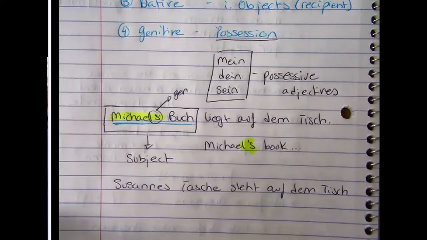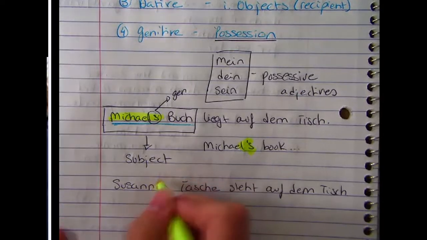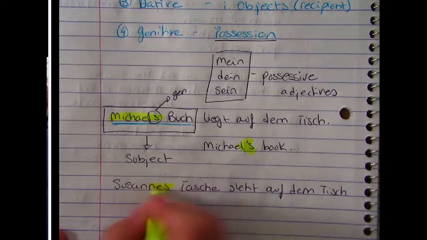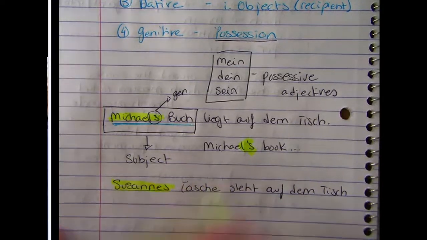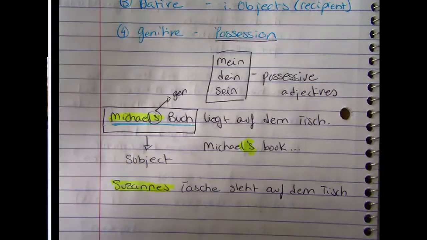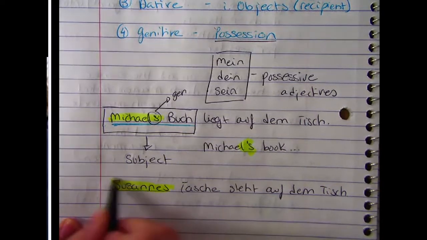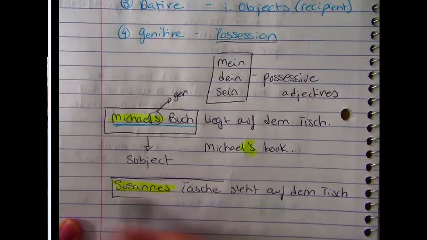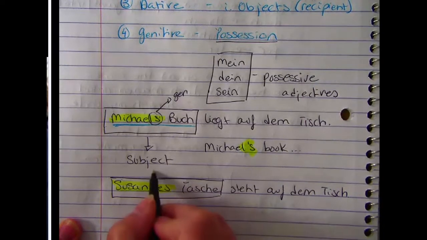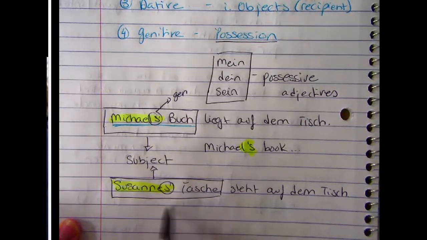So, same thing, I've got a first name, Susan, and in this case this is Susan's bag or purse is sitting on the table. So again, this whole thing is technically my subject, but this part right here shows you genitive. So it's genitive, it's the purse that belongs to Susan.